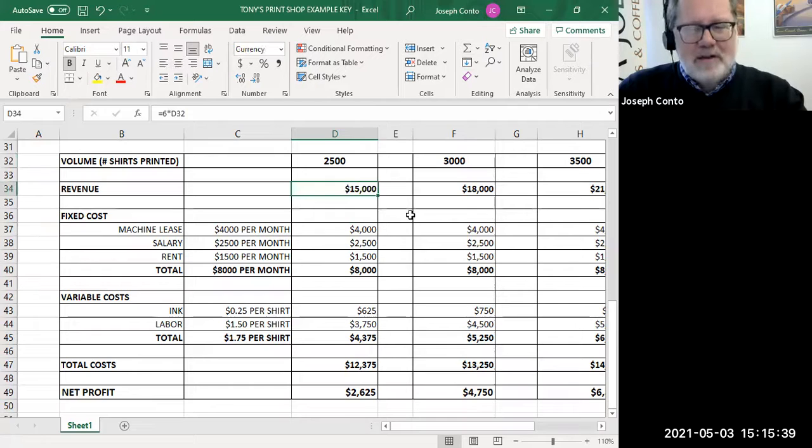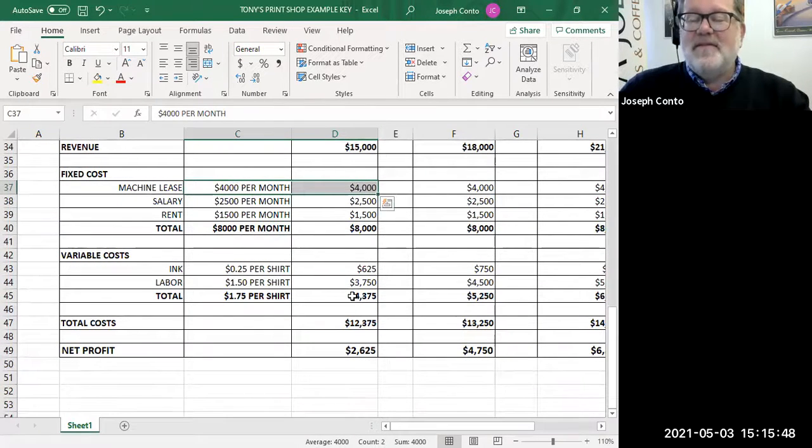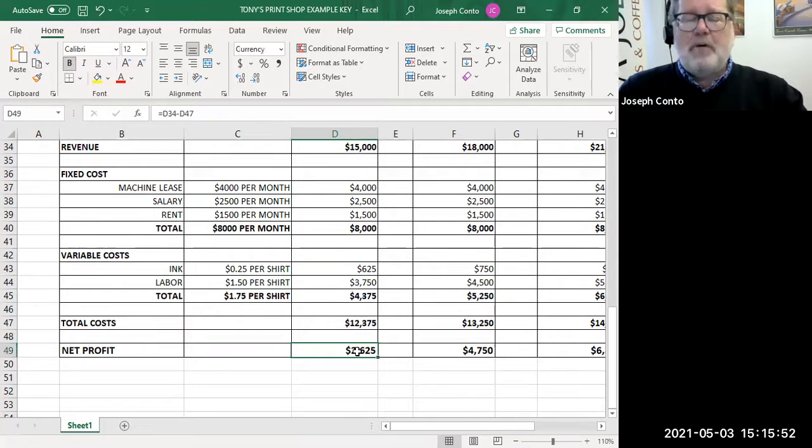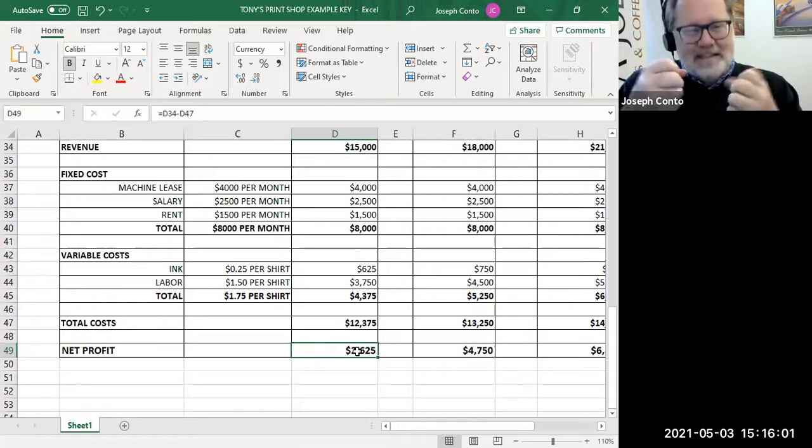That gives me $15,000. Now my fixed costs have grown to 8,000 because I've added that machine, and my variable costs have grown because I've added that employee. So now my net profit, even though I have a higher volume of business, is lower because that step cost, right? That step cost is eating up more of my revenue.